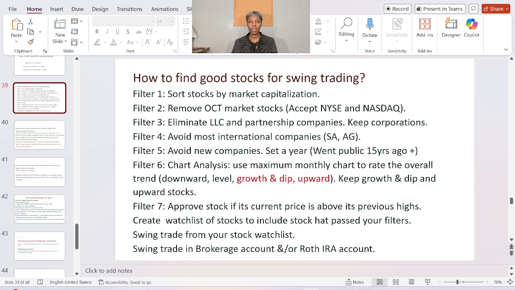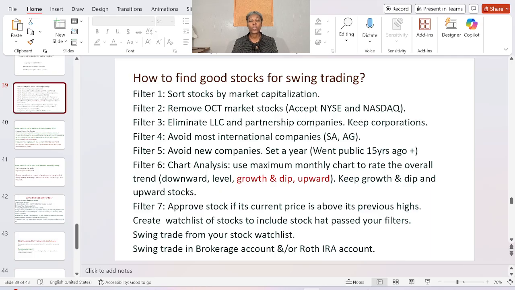So the next filter you will use is to analyze the chart using the maximum monthly chart. That way you can see the overall chart of that company stock to see if it's a growth stock, if it's uptrending.